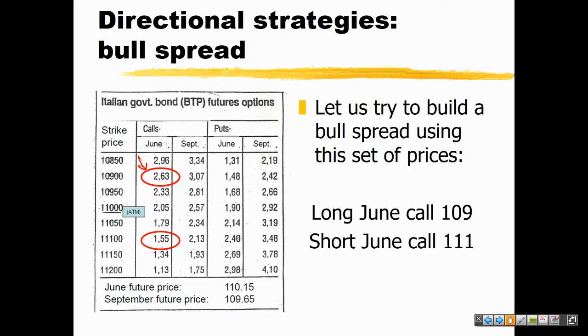Okay? It's pretty easy to see that with the future at 110, this call is in the money and this is out. Okay? So now in your next slide, you have directly the final graph.